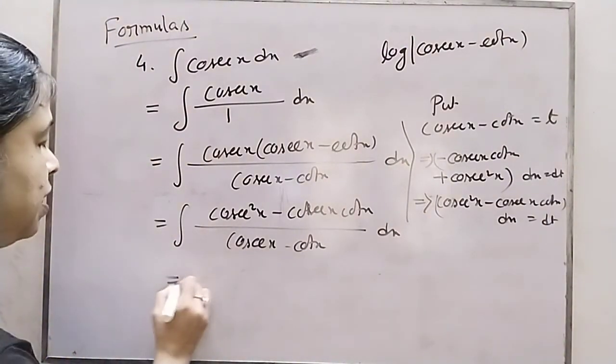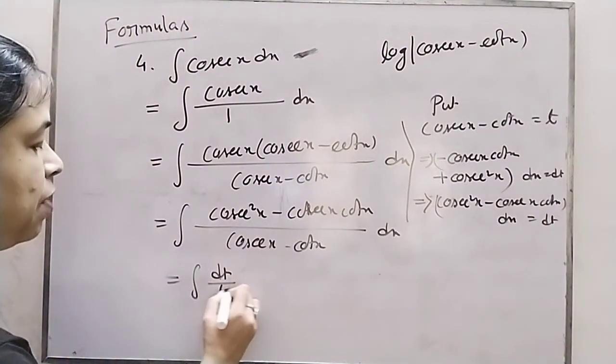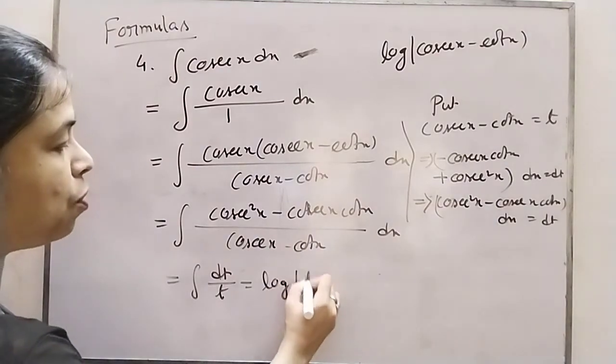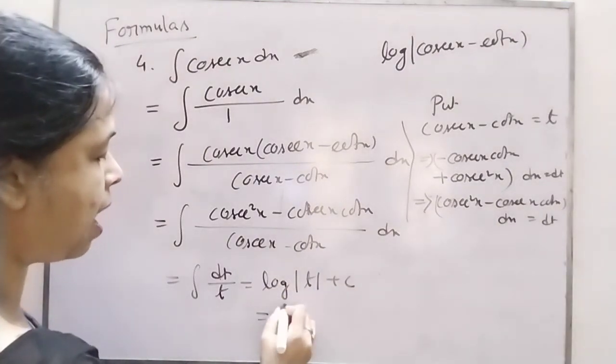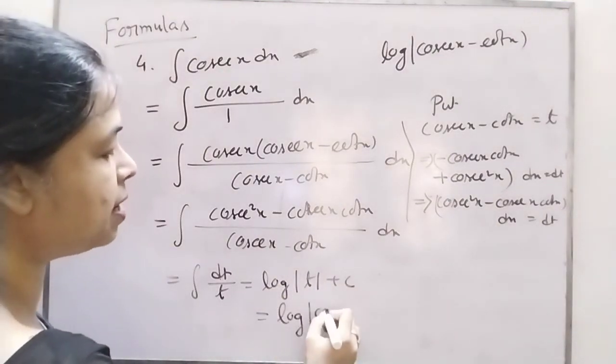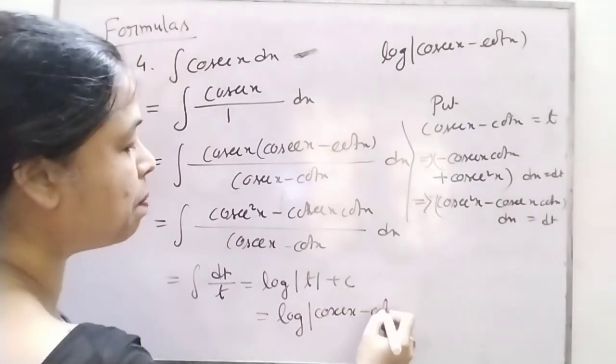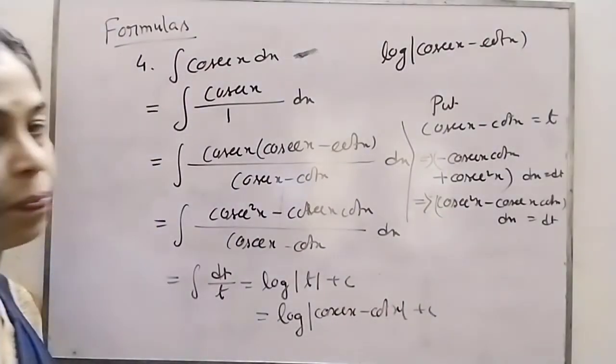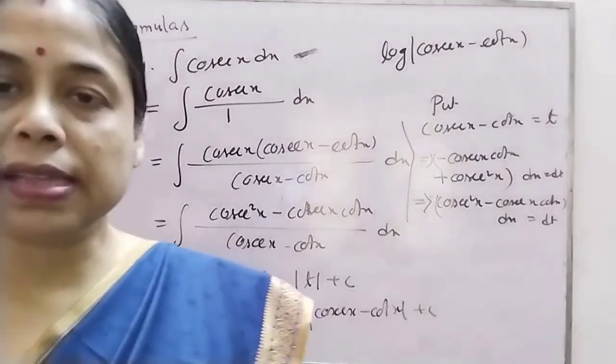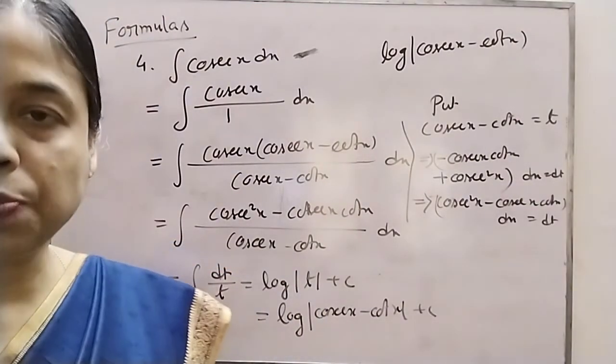So putting here, it will be equal to dt by t, which is log of modulus of t plus c, and put the value of t: cosec x minus cot x plus c. So this formula is proved.